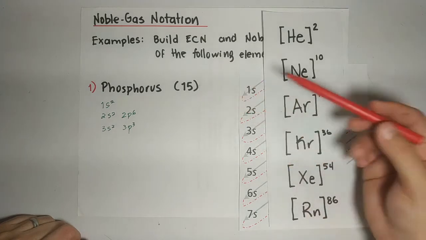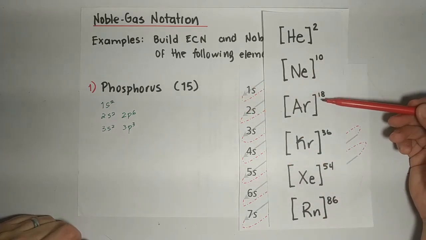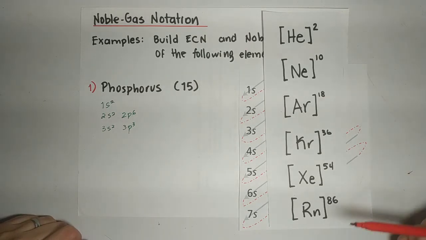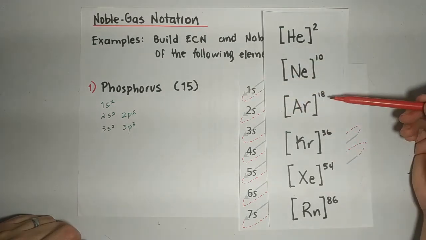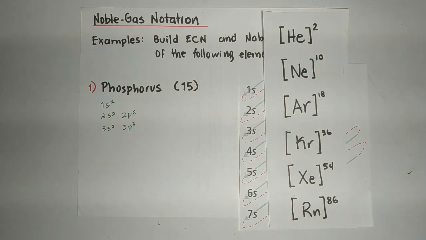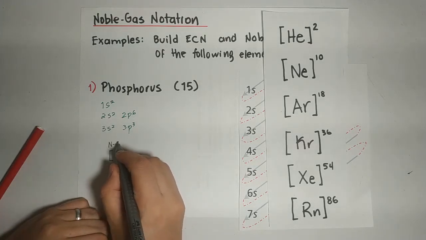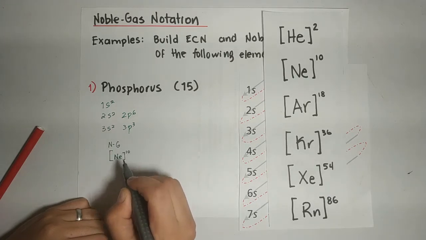Phosphorus is in the middle of neon, which is 10, and argon, which is 18. So we're going to use the element that is before phosphorus, that is neon. So the noble gas notation will be neon 10.